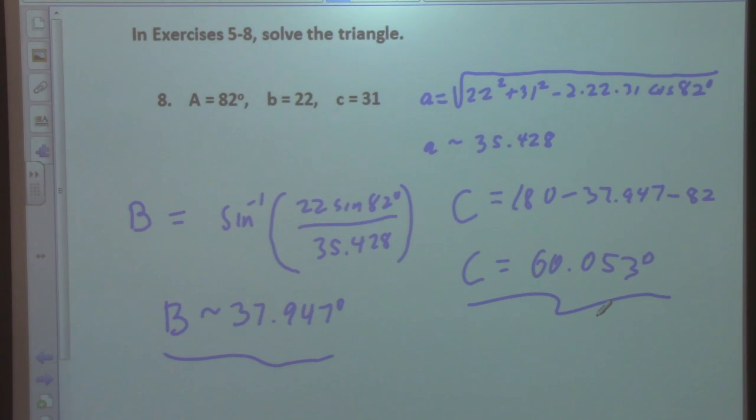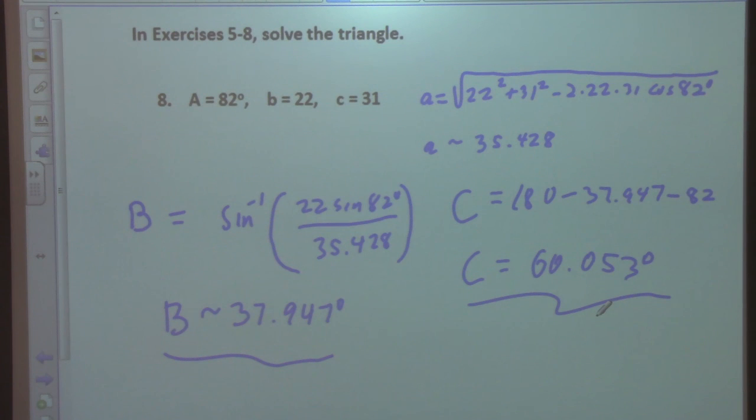Okay. It looks like the techniques are good here. Let's check here. What question are we on?